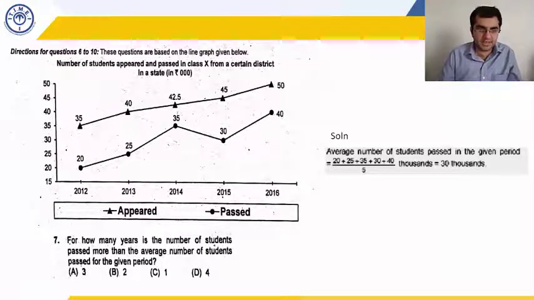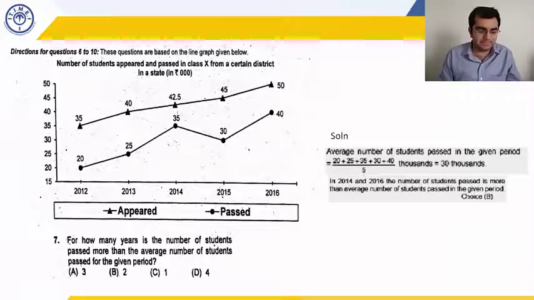Now, when the average students who passed is 30,000, for how many years is the value greater than 30,000? So 35, 40, only for 2 of the years. So that means the answer should be option B. Only for 2 of the years, the value is greater than 30,000.